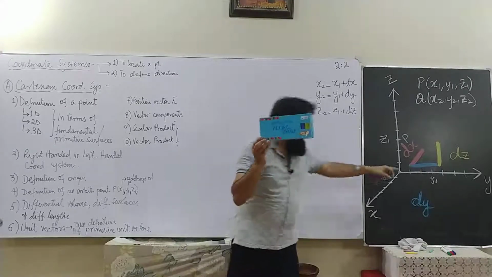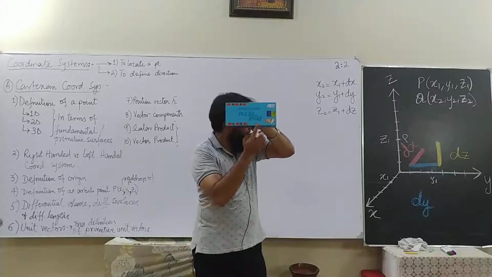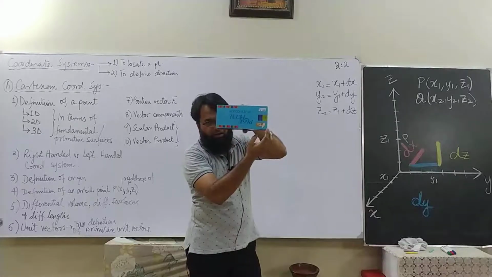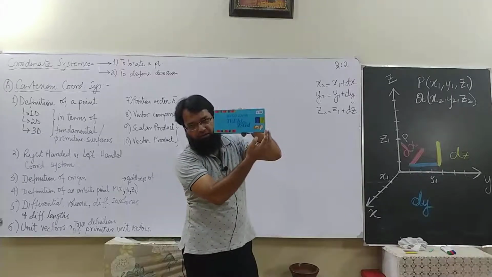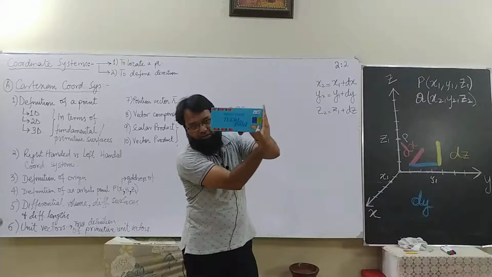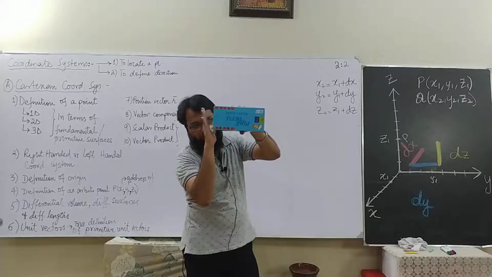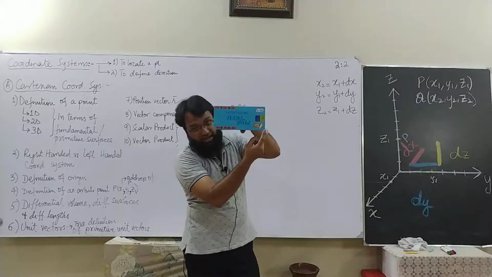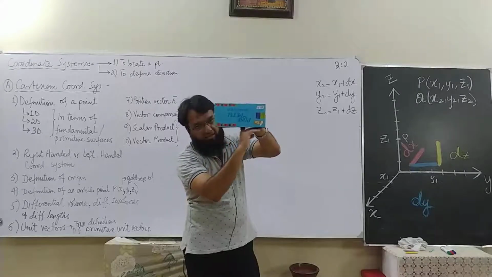After that, moving in the direction of y along this blue line, we have reached this corner. Now we have reached another y equals constant plane, because this point is no longer related to y equals y1. But you can see that this point is still at the z equals z1 plane.